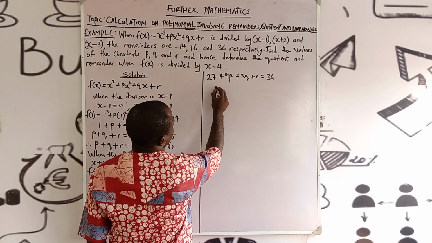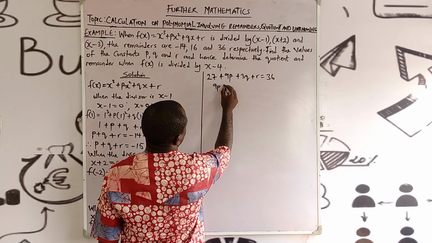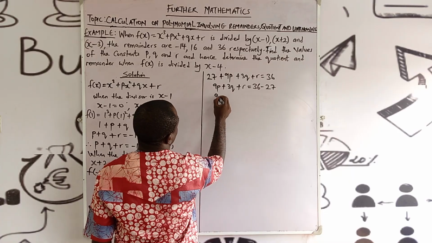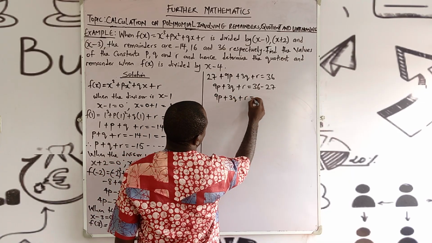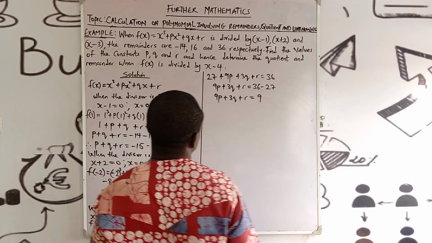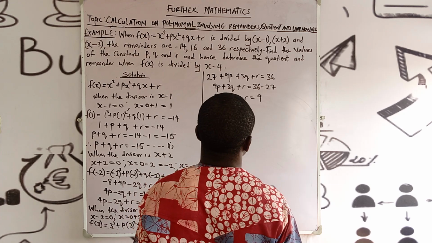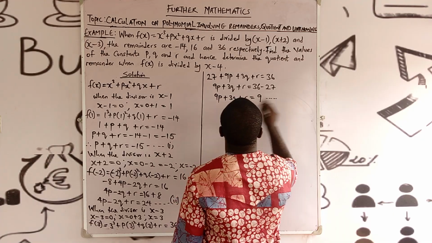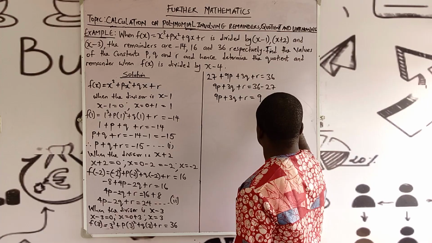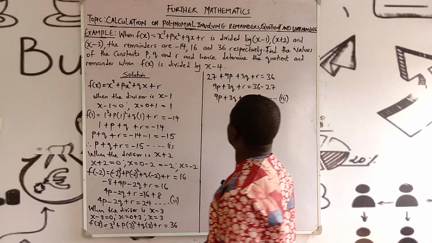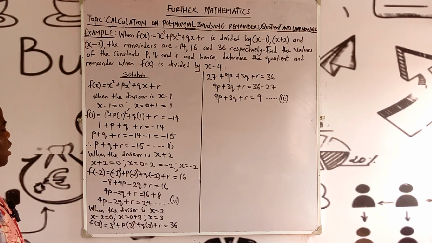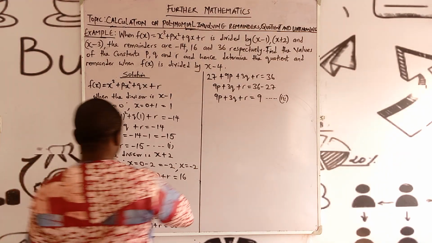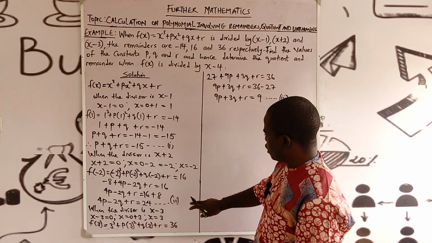Now 9p plus 3q plus r equals 36 minus 27, which is 9. That's equation 3.